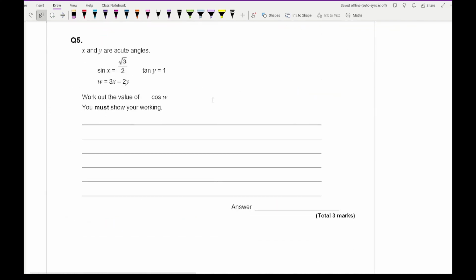Moving on to question 5, it says that x and y are acute angles. Sin x is equal to root 3 over 2, tan y is equal to 1, and w is equal to 3x minus 2y. Work out the value of cos w. Now for this, we need to use the exact values of trig. Typically you'll be asked to work out the values, but what we need to do is work out the angles.